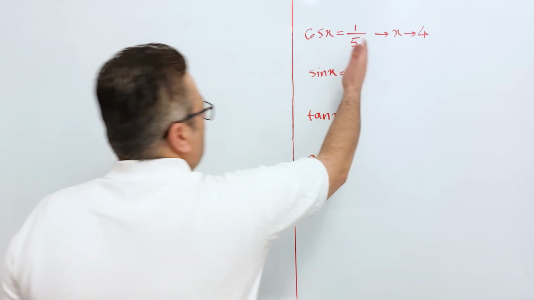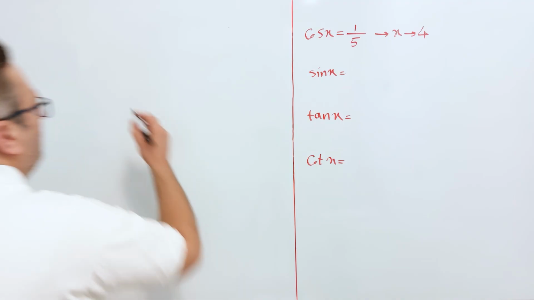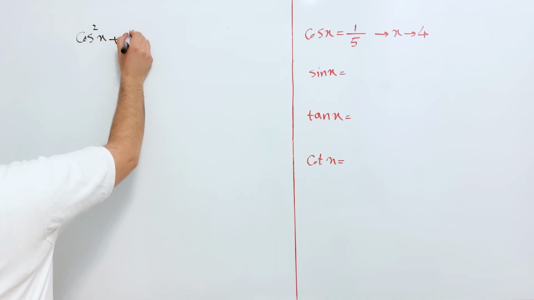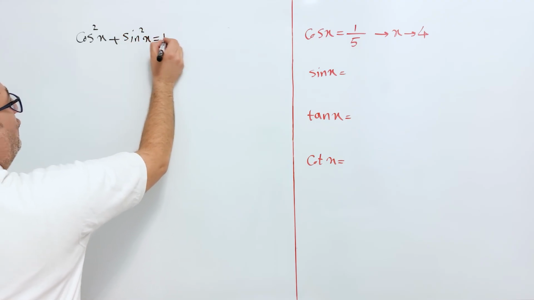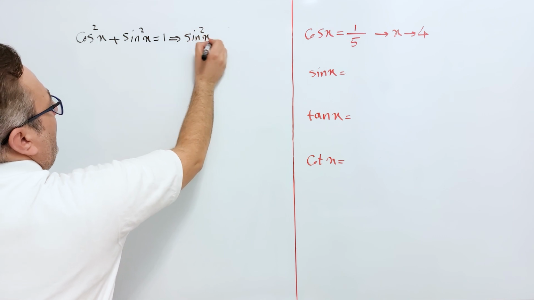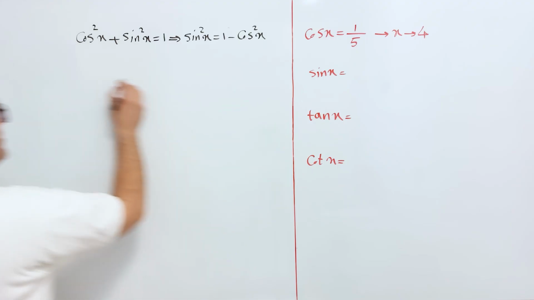First, I'll solve this problem using the formula-based method. We know that cosine squared x plus sine squared x is equal to 1. So sine squared x is equal to 1 minus cosine squared x.